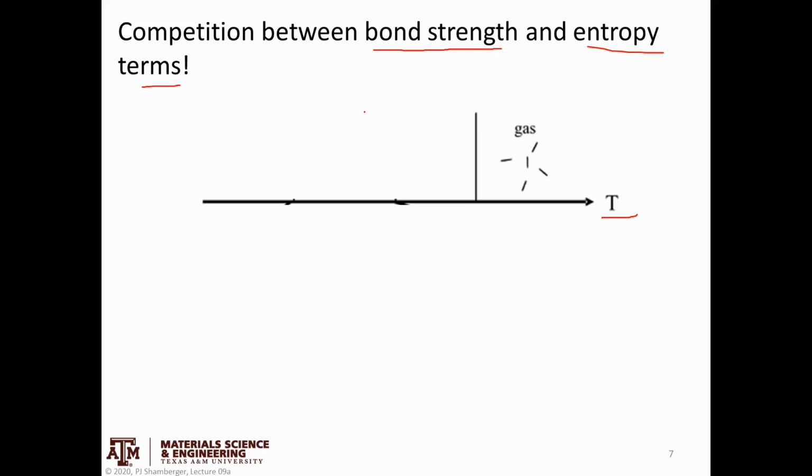Liquid crystals are somewhere along this spectrum. If we start off at a high temperature, things could be a gas, a very volatile phase, with a lot of disorder in the system. As we start to cool down, gases will condense and form liquids, which are relatively more compact, but there's still a lot of disorder.